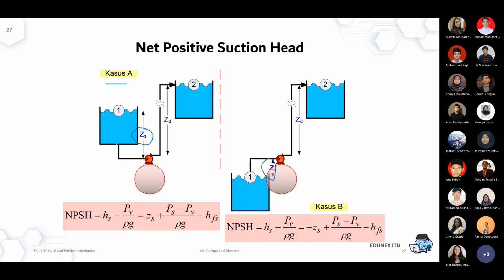Just imagine you have a nozzle somewhere around here. Because of gravity, it will flow naturally to the pump. Once you open this nozzle, the water will fill the suction part of the pipe.